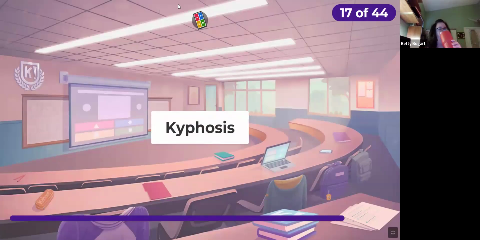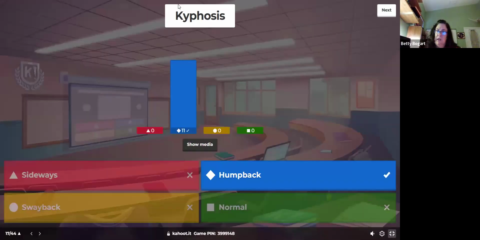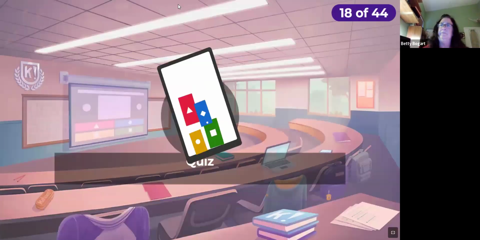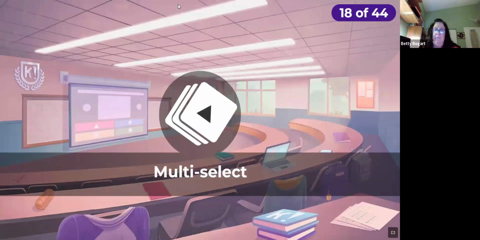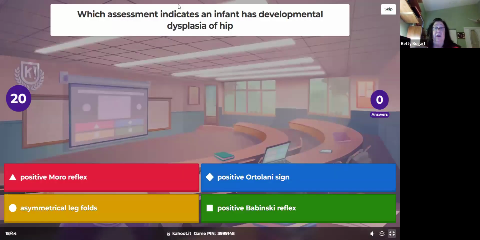Kyphosis, what's that? It's called humpback. That's the top of the spine. Very good. Multi. Which assessment indicates an infant has developmental dysplasia of the hip?